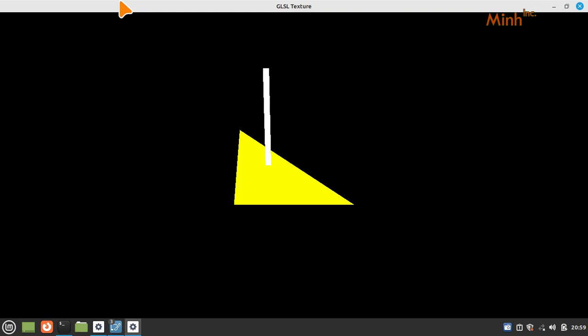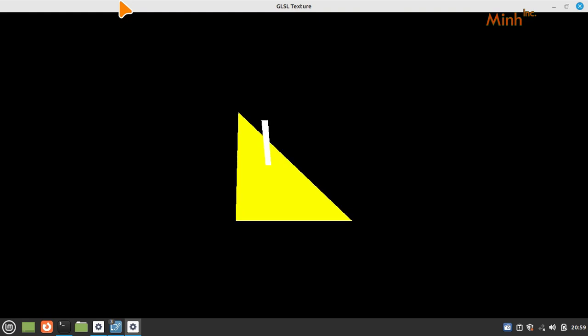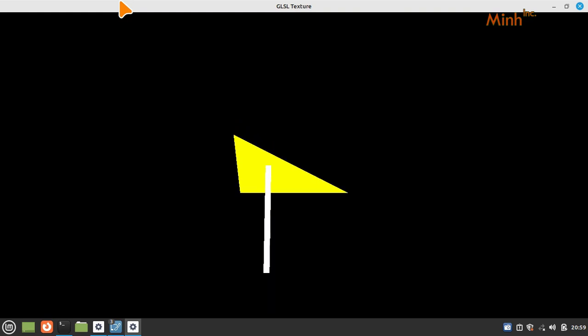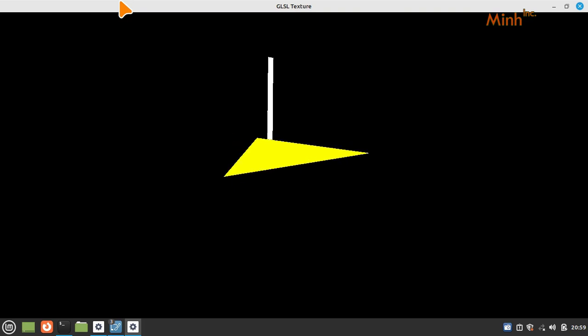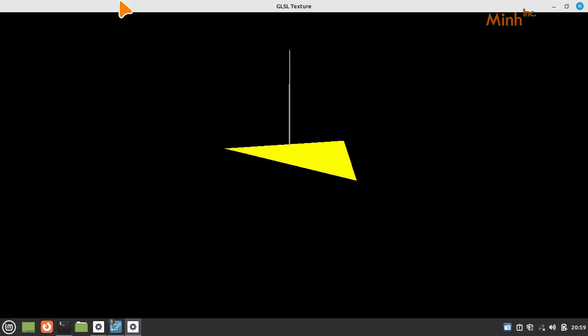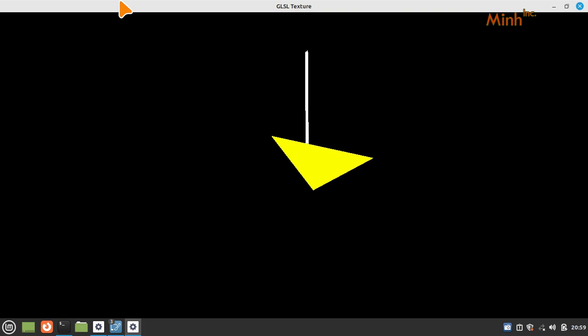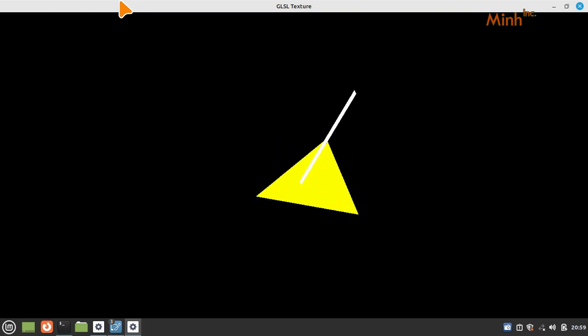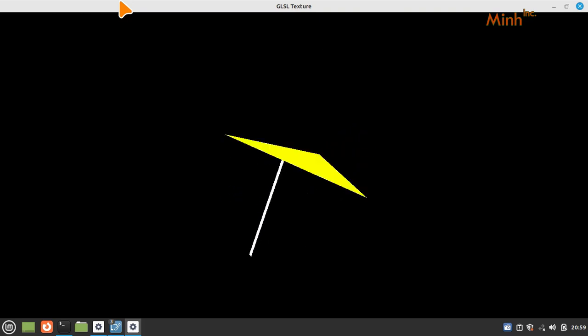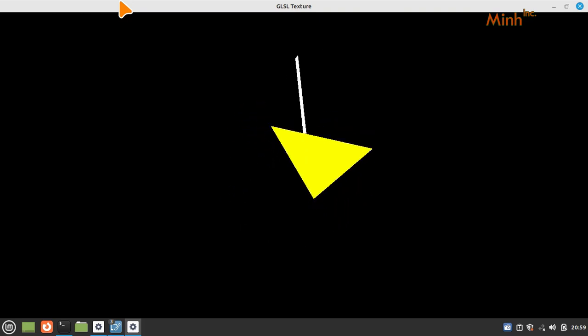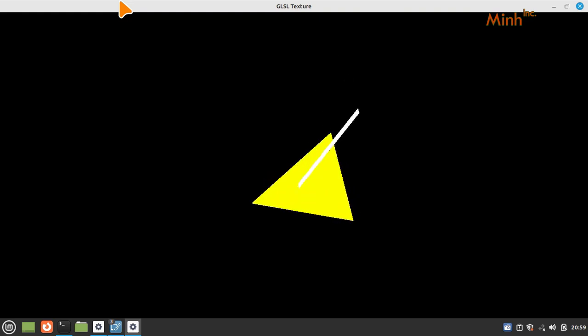The way the surface is rotating, the normal is also rotating. Okay, so if the surface is transformed, this is one transformation.